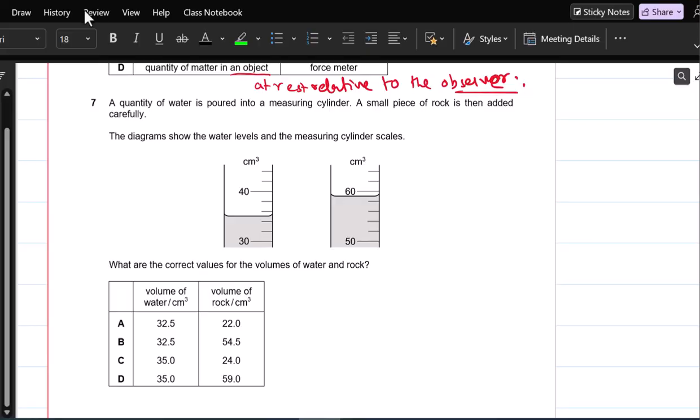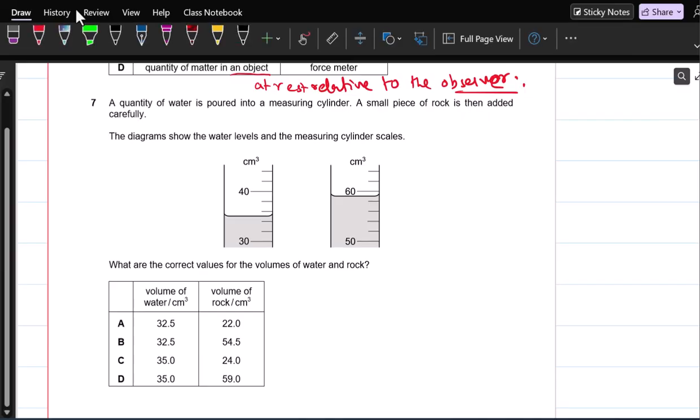Okay, now we are on question number 7. Question number 7 says a quantity of water is poured into a measuring cylinder. A small piece of rock is then added carefully so that no splashing can occur. The diagram shows the water levels and the measuring cylinder scales.